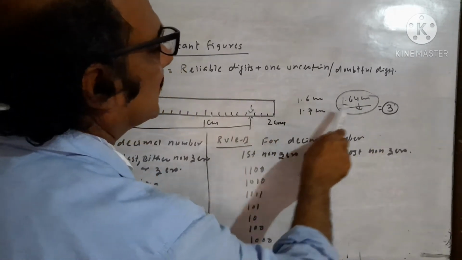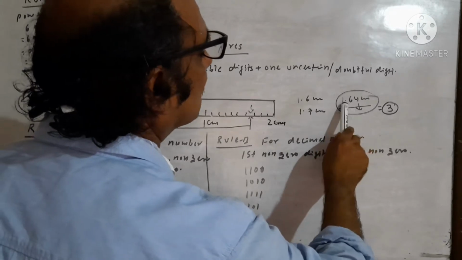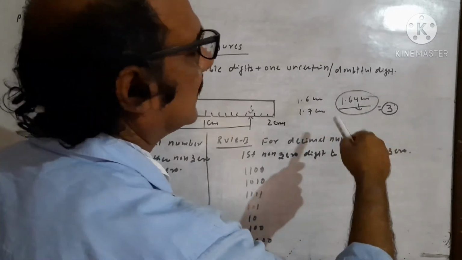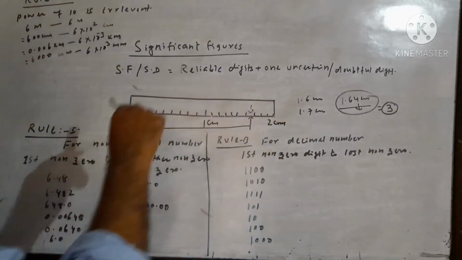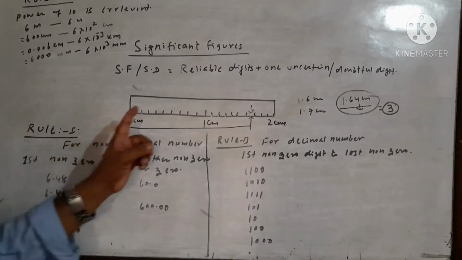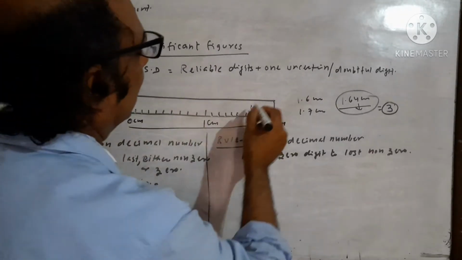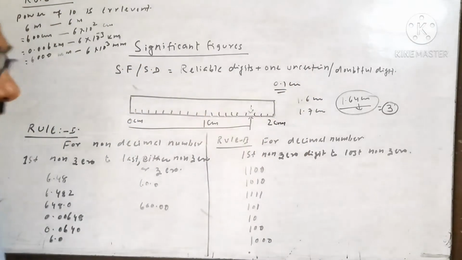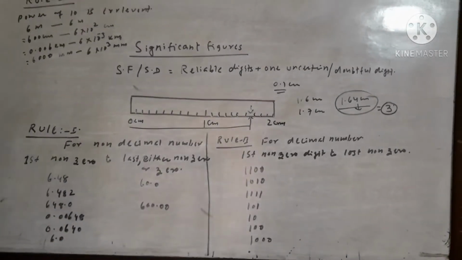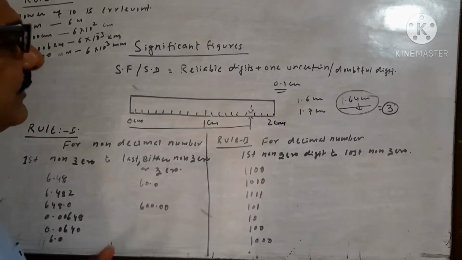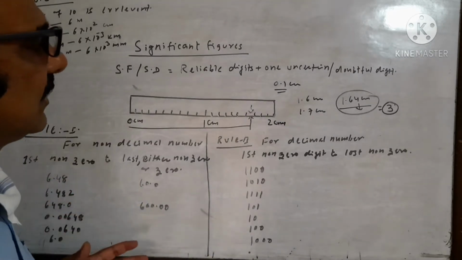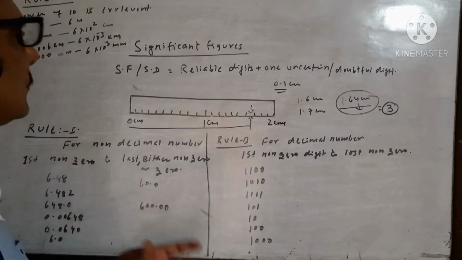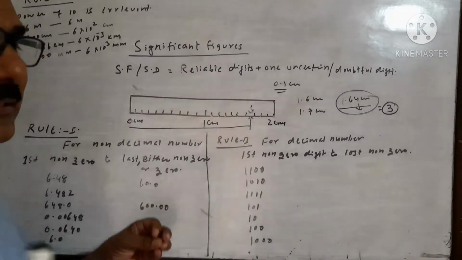Someone may write 1.64, someone may write 1.65, and such variation in measurement is due to the least count, whose value equals 0.1 centimeter. Different instruments, different devices have different least counts, so there are different numbers of significant digits, significant figures.